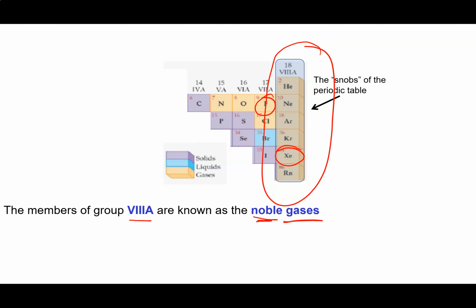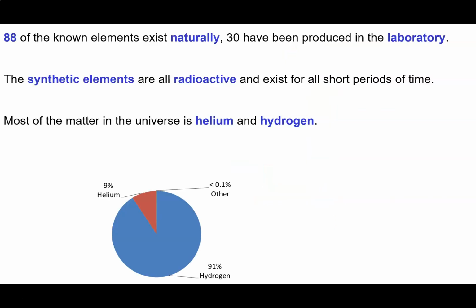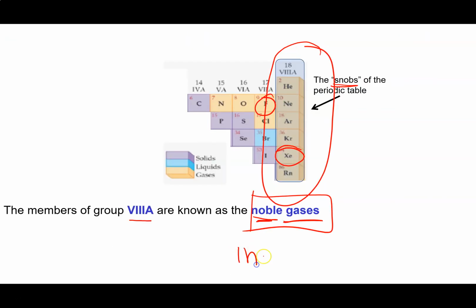So we always thought that these were completely unreactive, and under most circumstances they are. These guys are like the snobs of the periodic table, the elements in group 8A referred to as the noble gases. They're also known as the inert gases. So that's another name for the elements in group 8A.